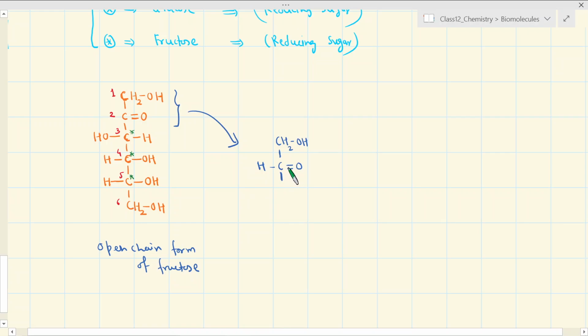Remember, if you have a carbonyl carbon and you have an OH group on the next carbon, this undergoes some kind of isomerization, where the double bond is transferred and the hydrogen of this carbon is transferred to this oxygen.